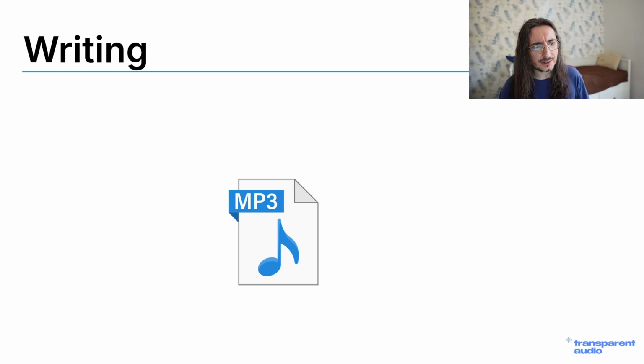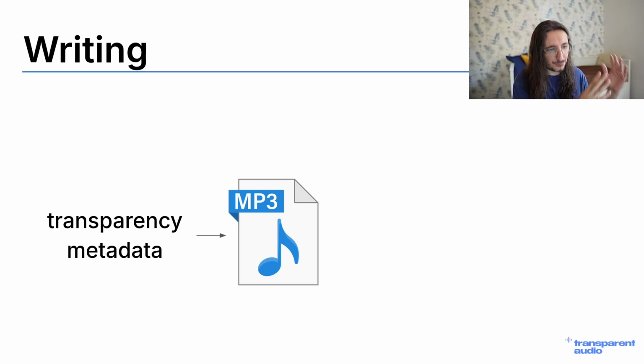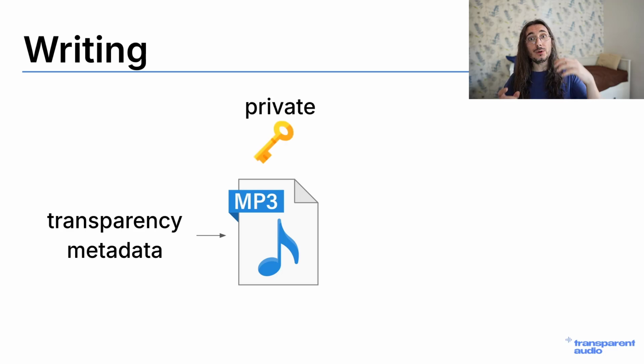So we'll start with writing. We have an MP3 file. Let's say this is something that we generated with a text-to-speech model, so it's AI-generated speech. What we want to do here is provide transparency metadata information. We can write that with TransparentMeta, and then we use our private key for cryptographically signing the metadata.